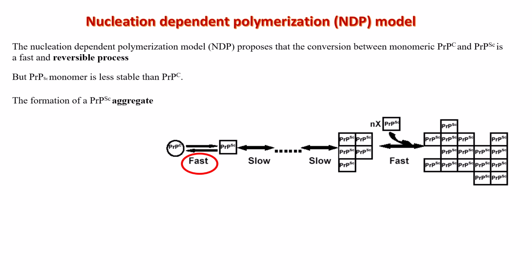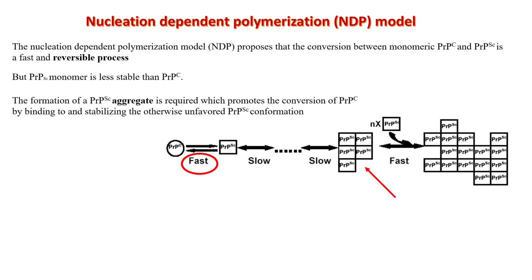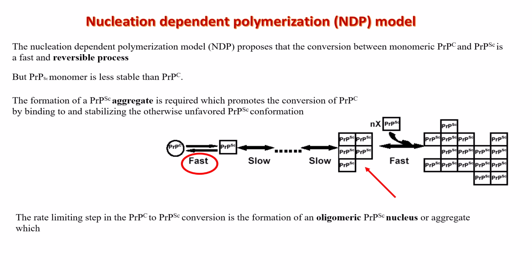The formation of a PrP-Sc aggregate is required, which promotes the conversion of PrP-C by binding to and stabilizing the otherwise unfavored PrP-Sc conformation. The rate-limiting step in the PrP-C to PrP-Sc conversion is the formation of an oligomeric PrP-Sc nucleus or aggregate, which promotes the reaction by further incorporation of monomeric PrP-Sc.